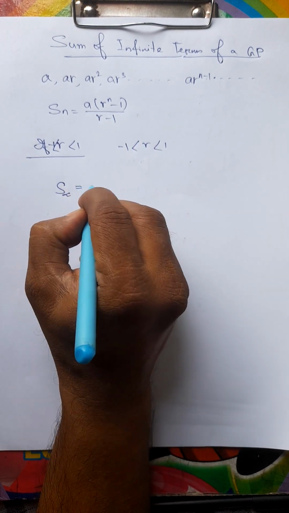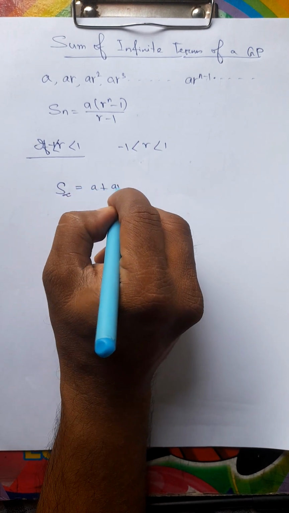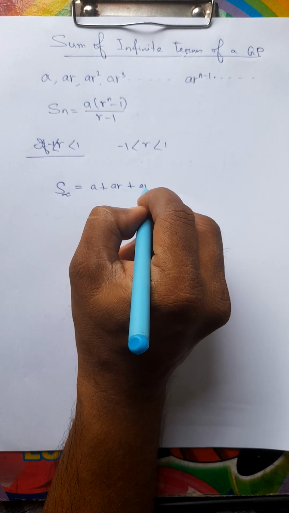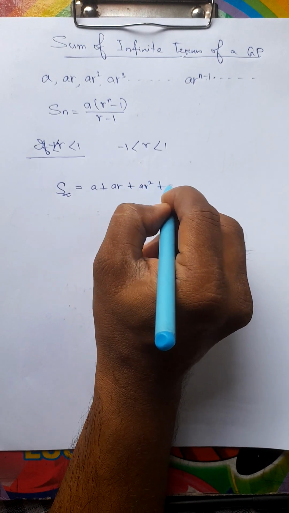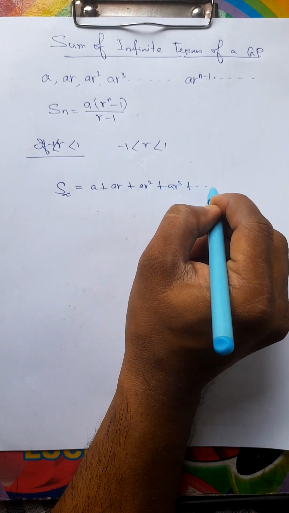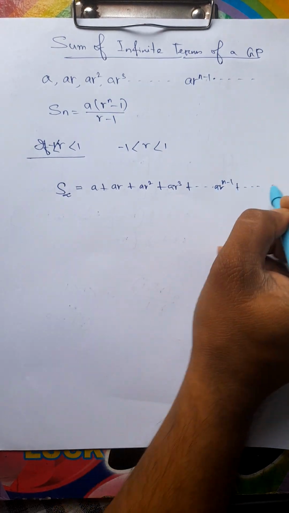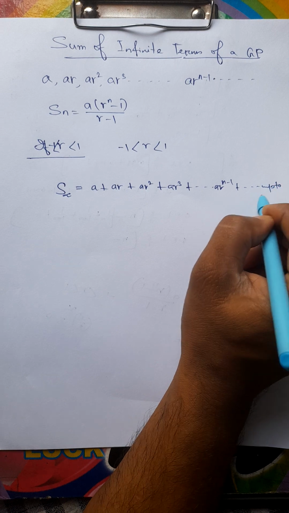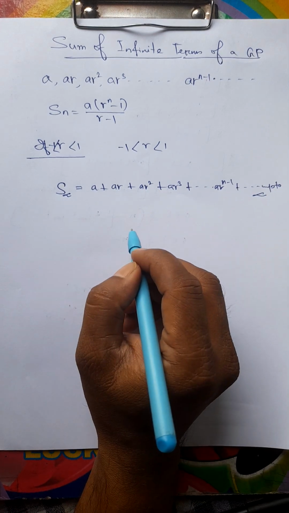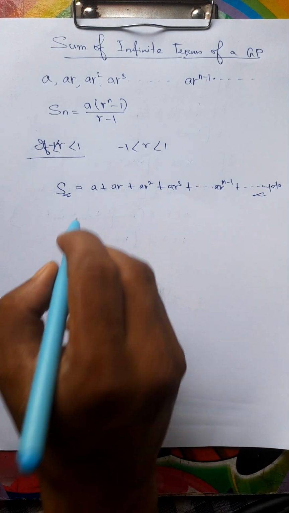S infinity means a plus ar plus ar square plus ar cube plus a into r to the power n minus 1 plus up to infinity, suppose. Right?